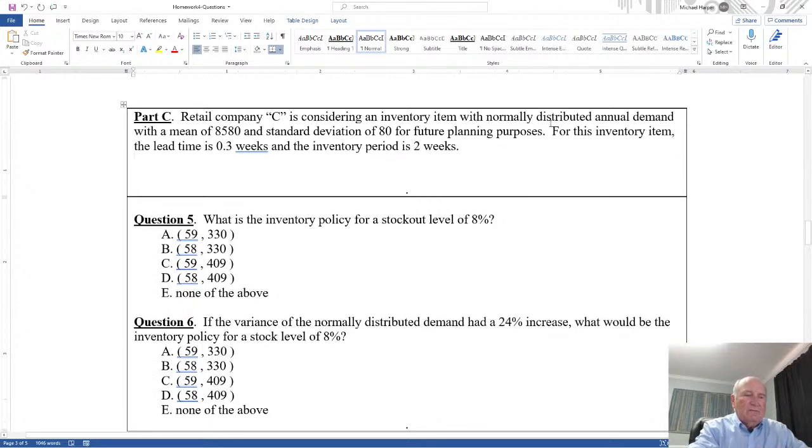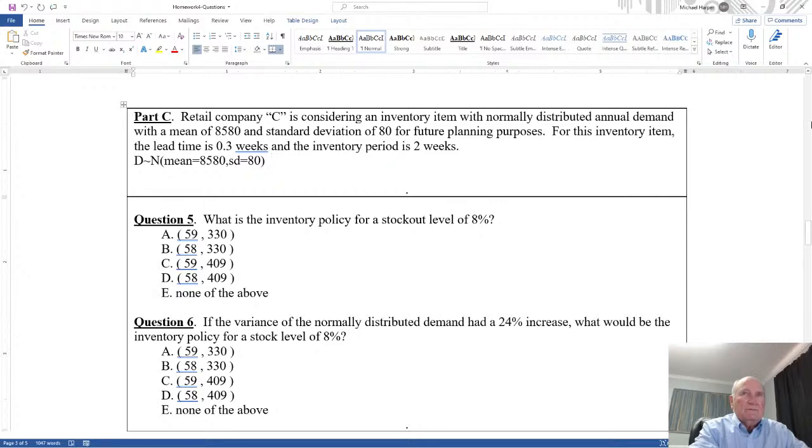So here I have demand follows a normal distribution with a mean of 8580 items per year. The mean equals that, and the standard deviation equals 80.